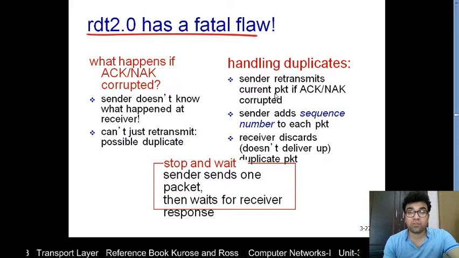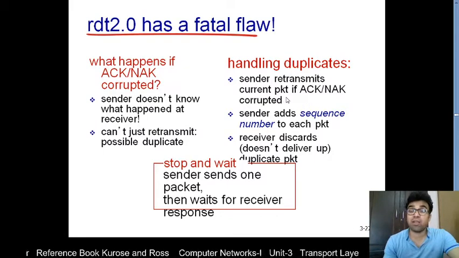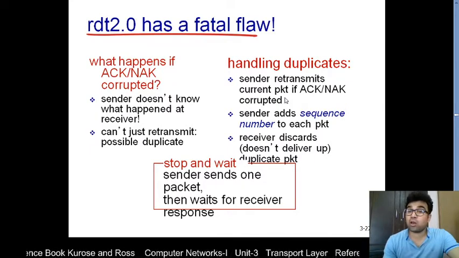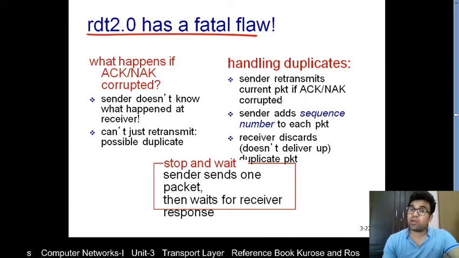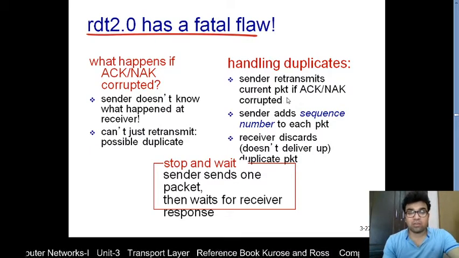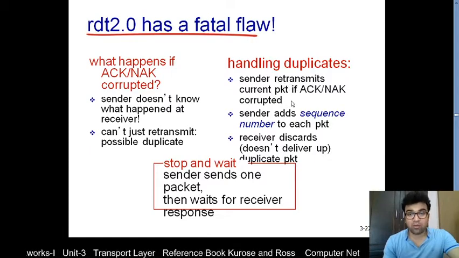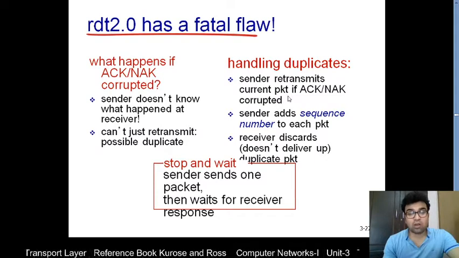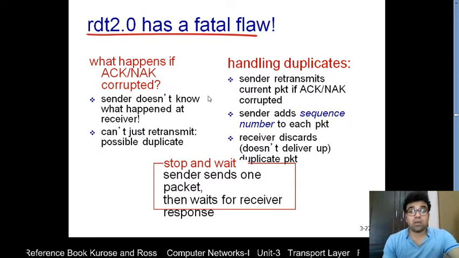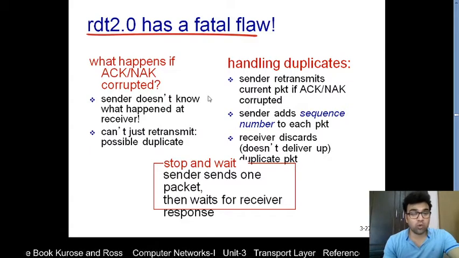It would be a fresh packet for the receiving side if the last received packet was corrupted, and it will be a retransmission if the last received packet was fine, but the acknowledgement of that particular packet got corrupted on its way to the sending side.